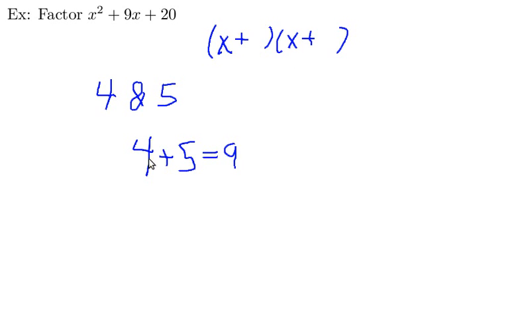Hopefully you're jumping ahead of me already, because this one is a pretty obvious one, or at least it should be. So x plus 4 times x plus 5. So let's go ahead and put that on the next line. X squared plus 9x plus 20 equals x plus 4 times x plus 5.